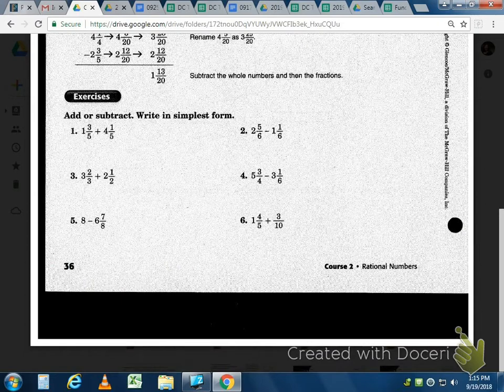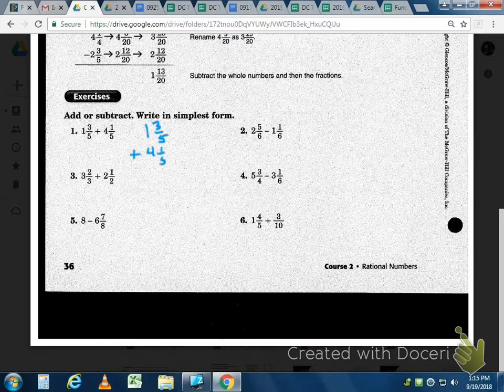Number 1, 1 3/5 and 4 1/5. So it looks like for all of these, we want you to write the problems vertically. So I've got 1 3/5 plus 4 1/5. Would anybody like to try to help do this one?